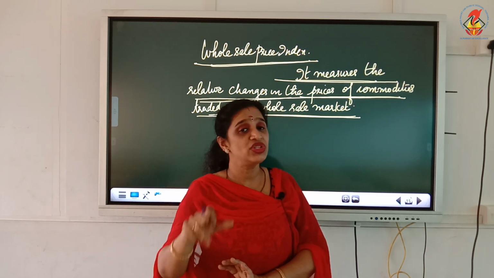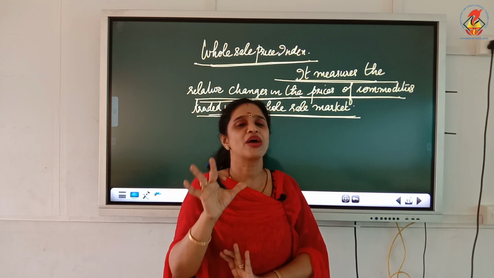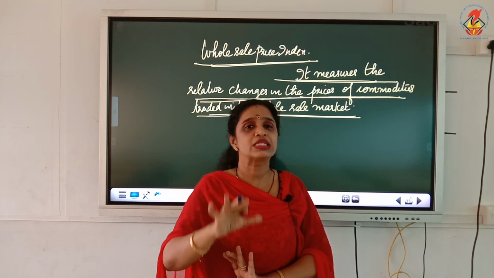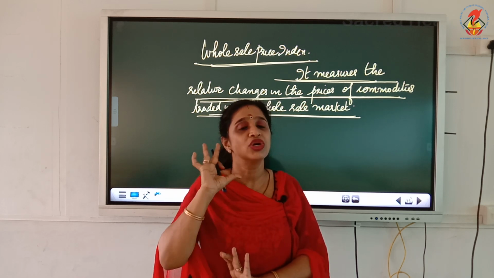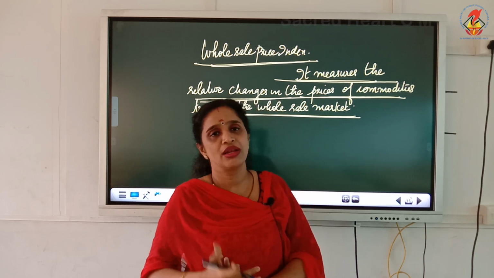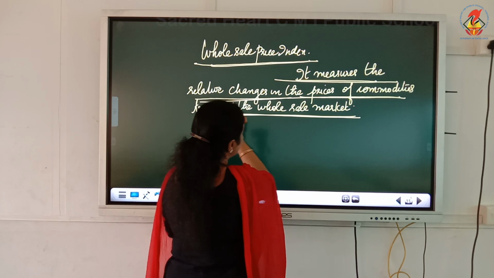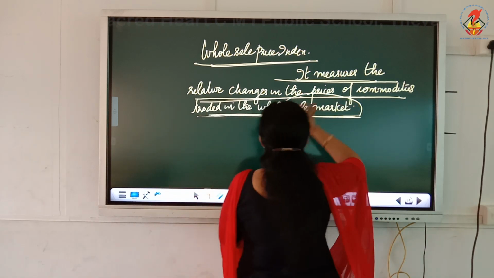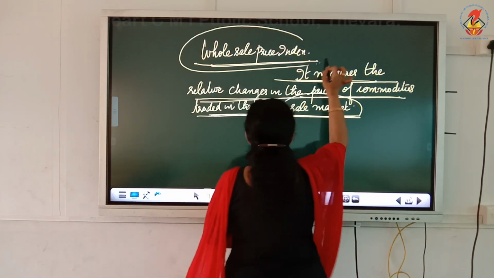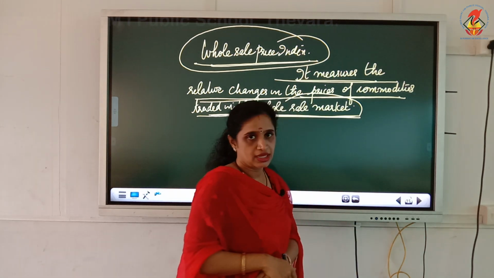So the changes in the vegetables or the commodities which are experienced in the wholesale market, who trade in the wholesale market, that changes in the price which is experienced in the wholesale market is calculated by the index number known as wholesale price index.